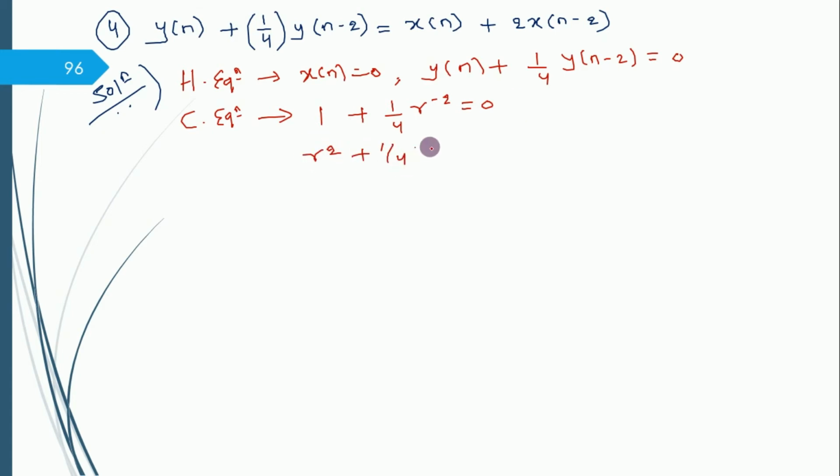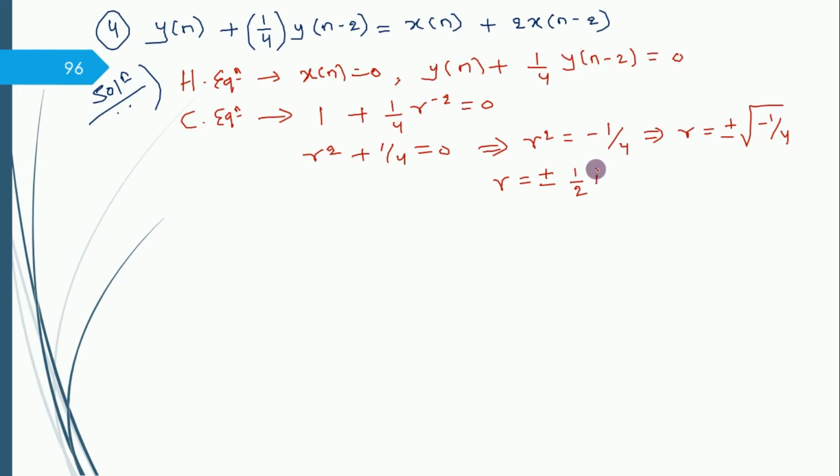This is nothing but r square is equal to minus 1 by 4. This is nothing but r is equal to plus or minus square root of minus 1 by 4. If I take the square root, I get 1 by 2. Square root of minus 1 is nothing but i.